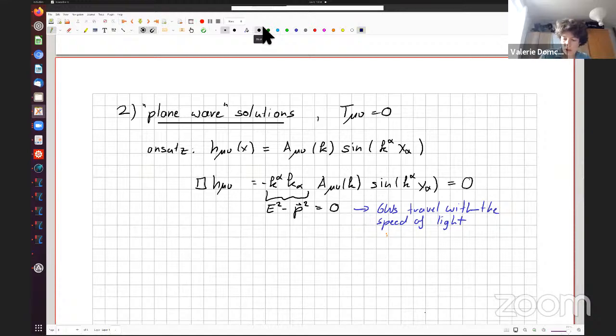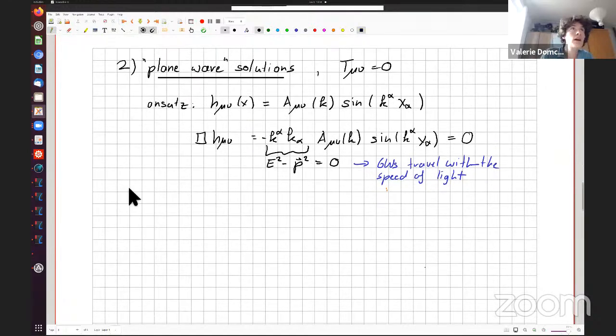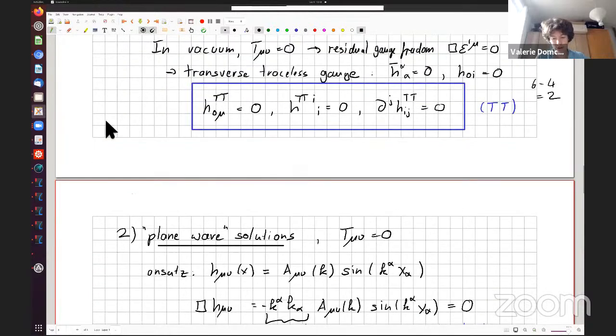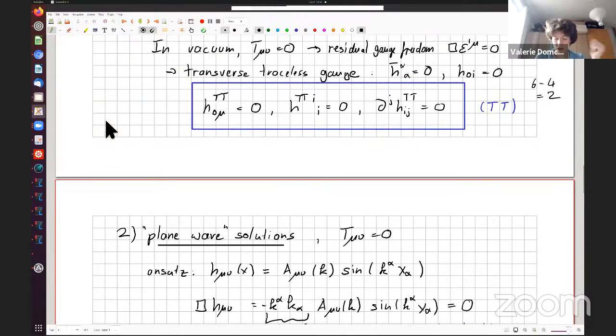We can now be a bit more explicit to get a feeling for what a gravitational wave actually looks like. We can go to the transverse traceless gauge, and I'm going to specify that I want to put my z-axis in the direction of this k vector. What this means is that if I look at these conditions here, I want to construct something which is symmetric, which is traceless, and where these 0 mu components are 0.